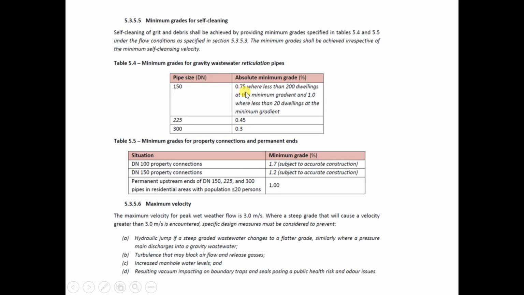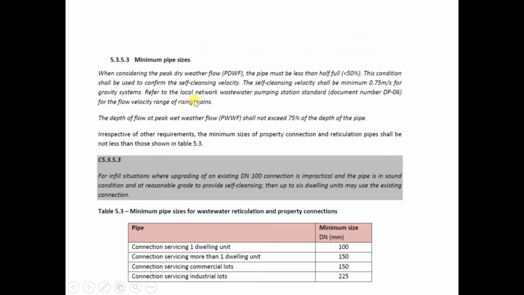If we divide top and bottom, this will be 100 divided by 0.75. It will be 1 in 133.